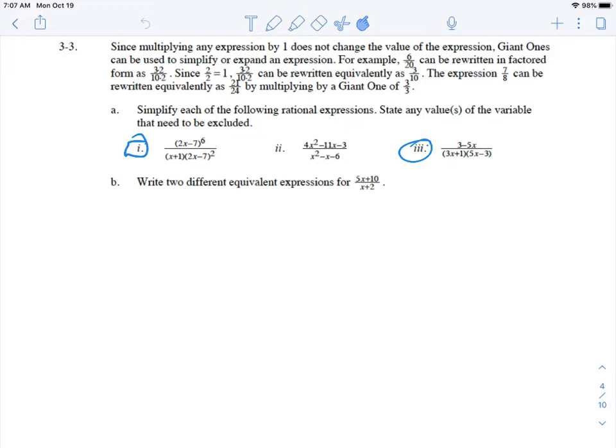In problem 1, we have a 2x minus 7 to the 6th power over 2x minus 7 to the 2nd power times x plus 1. Well, I can reduce these factors. 2x minus 7 is a factor in the numerator, and 2x minus 7 is a factor in the denominator.